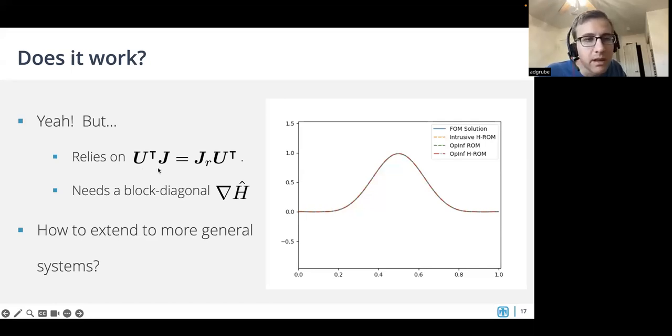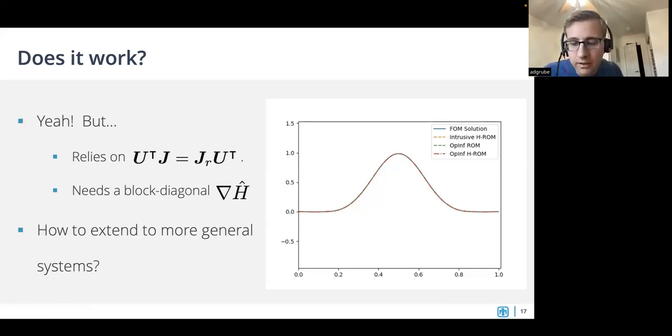You need your POD basis to, in some sense, commute with the symplectic structure of the problem. So this forces you to build your POD basis in a certain way, which is maybe not as expressive as what you need. And it also assumes that you use a block diagonal gradient of your reduced Hamiltonian. That was what we postulated at the beginning.